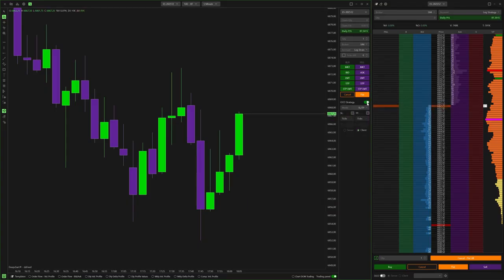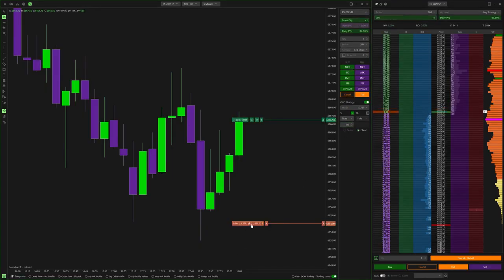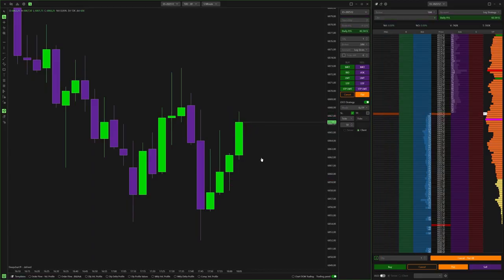So for example, if I place an OCO strategy with a stop loss of, let's say, 50 ticks, and I buy market, it's going to automatically, do you see this little symbol here? So if I, for example, place a take profit here, or I close my trade, the stop loss will be automatically canceled. OCO stands for one cancels other.